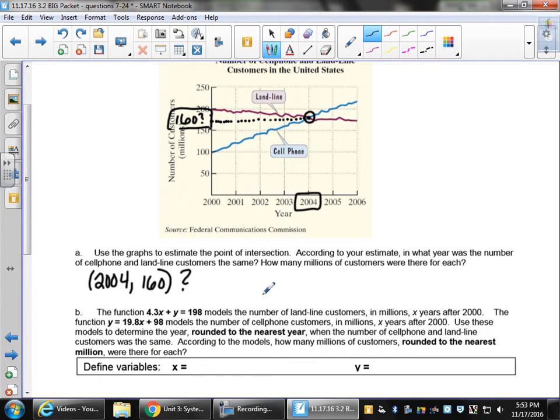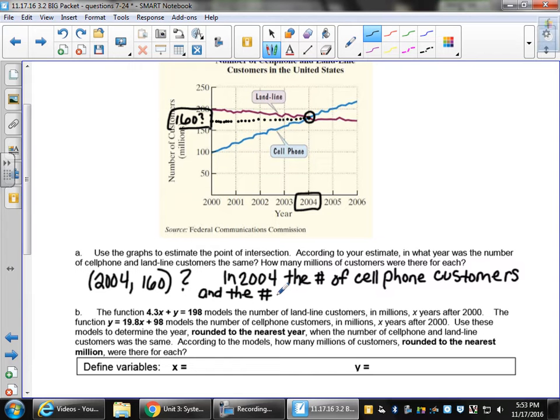A sentence would be, in 2004, the number of cell phone customers and the number of landline customers will be equal.